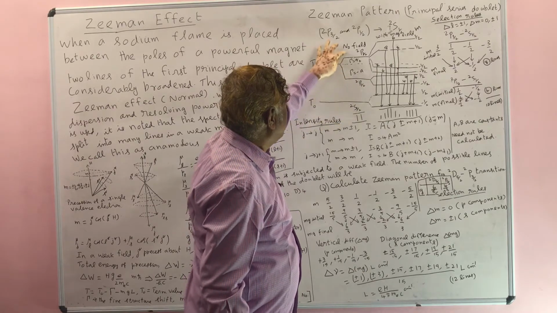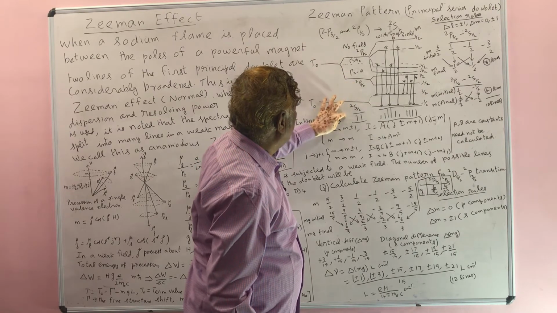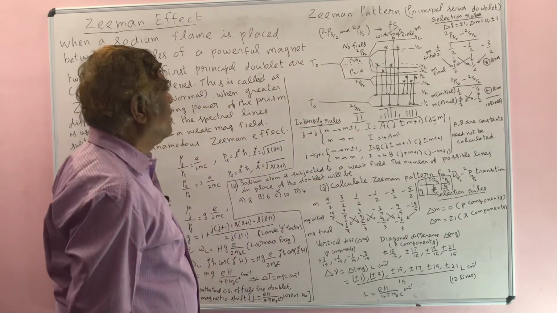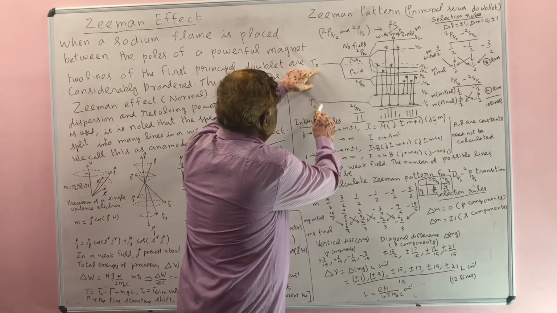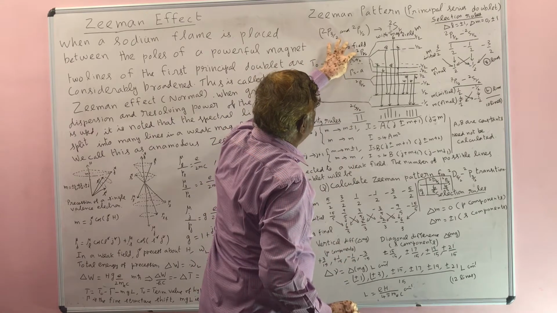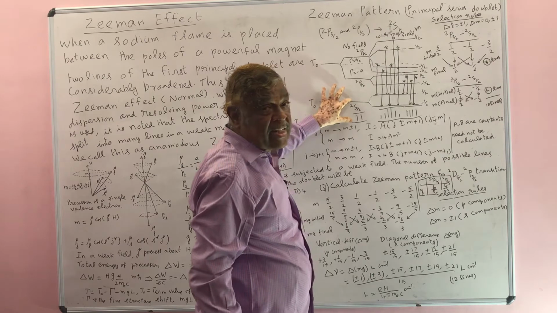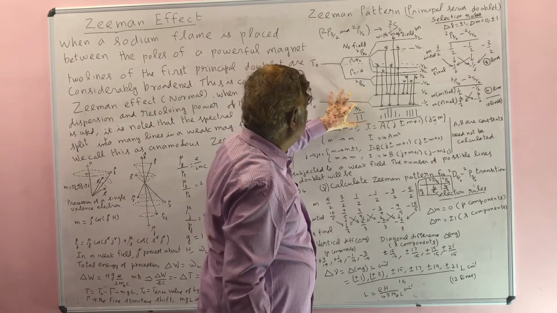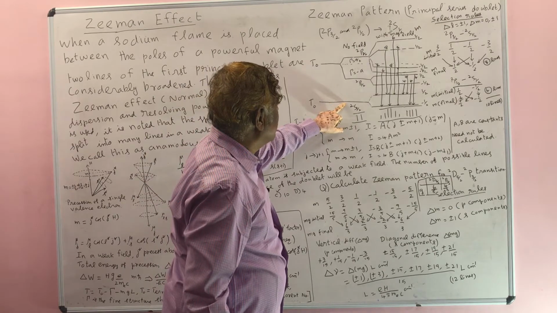So there is a transition from 2p 3 by 2 to 2s half and 2p half to 2s half. So now let us draw the energy levels. This is T naught, because of the spin orbit interaction. This is 2p 3 by 2 and this is 2p half. The S state is always a singlet, so there won't be any split in that level due to spin orbit interaction.